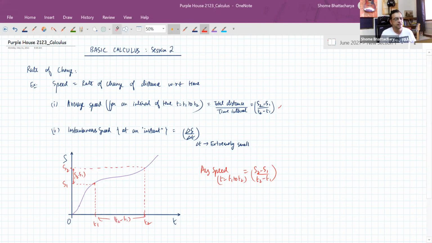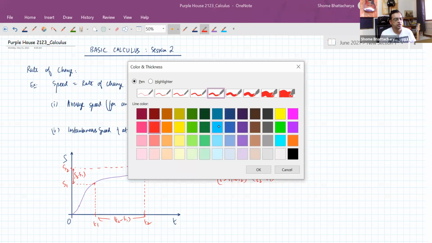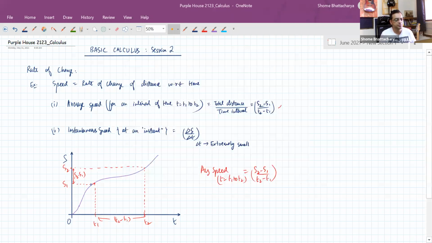Now the interesting thing is that graphically, if I were to understand the meaning of this ratio, S2 minus S1 upon T2 minus T1, you can clearly understand from the concept of a straight line that if I join these two points with a straight line, then the slope of that straight line would be nothing but the value of S2 minus S1 upon T2 minus T1.